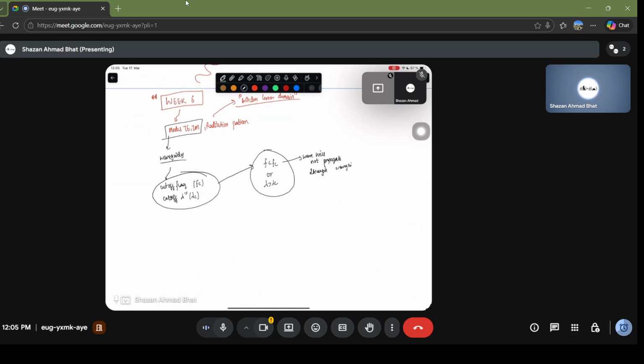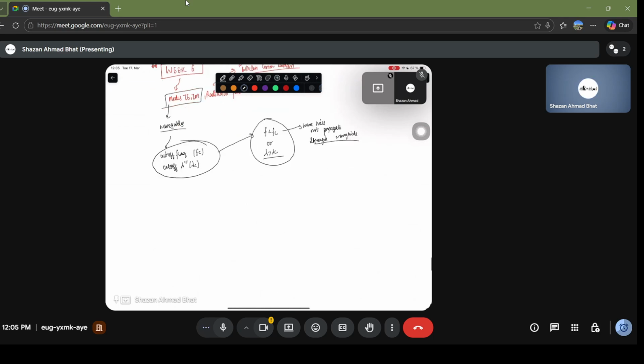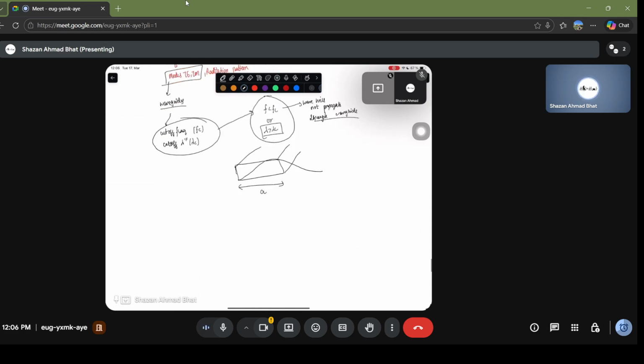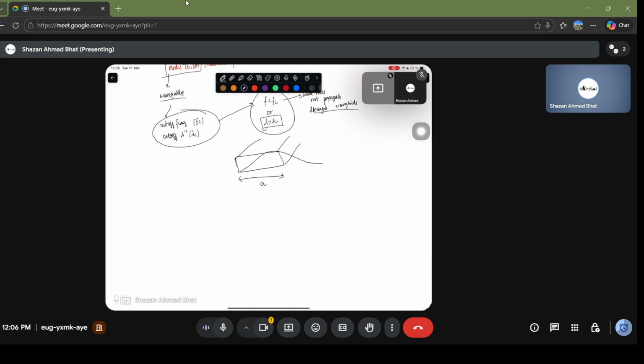What it essentially meant was that if your waveguide is like this, with some width, and your wavelength becomes greater than this width, then you no longer have the propagation of that electromagnetic wave through it.